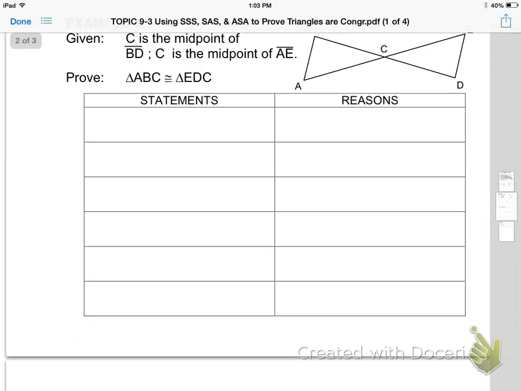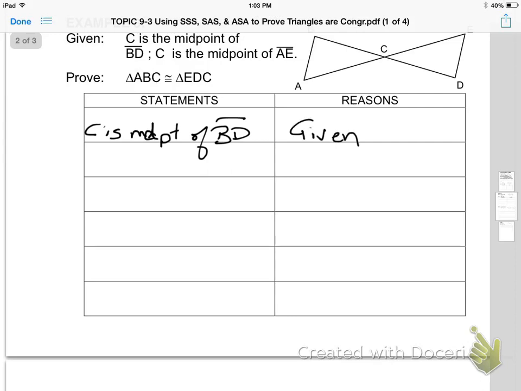Now to our third proof on this 9-3. We've got C given. C is the midpoint of line or side BD, and that's given.